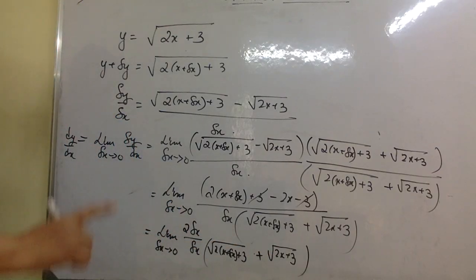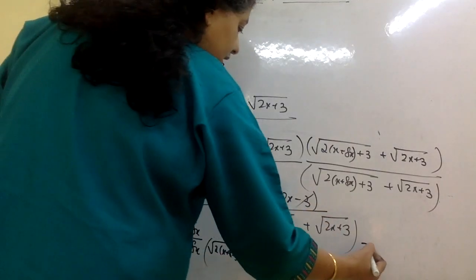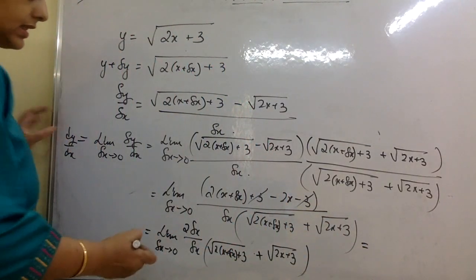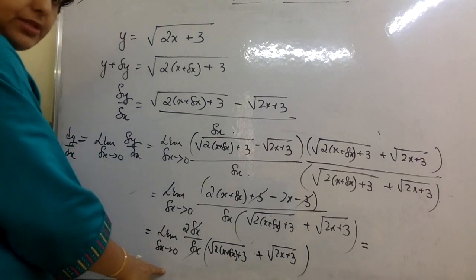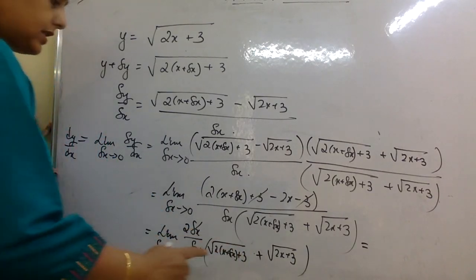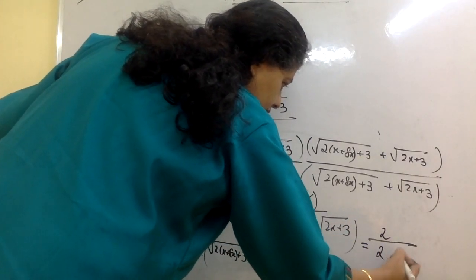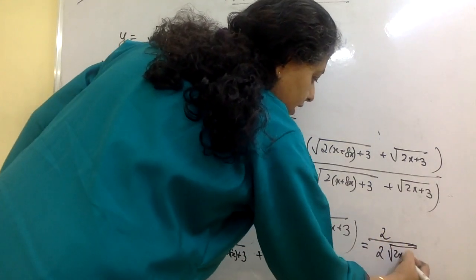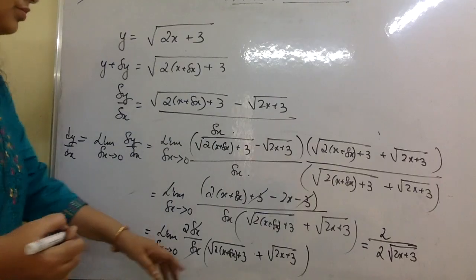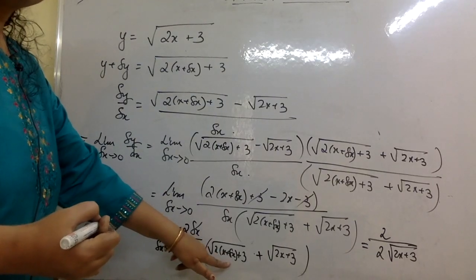So what we get finally, after applying the limits, is that the del x and the del x cancel, and we apply the limit over here, and finally we get 2 by 2 root 2x plus 3 plus root 2x plus 3, because this del x becomes 0.